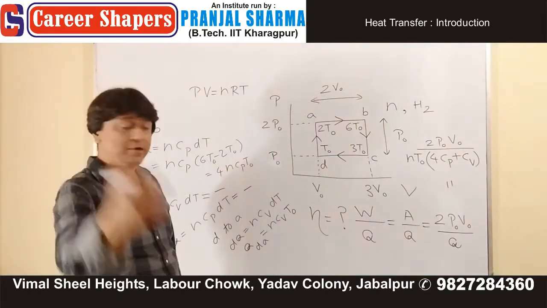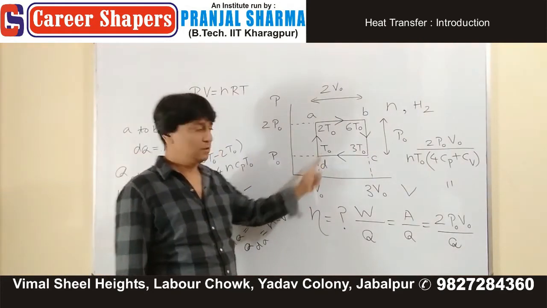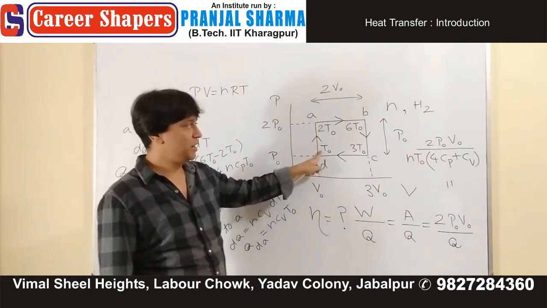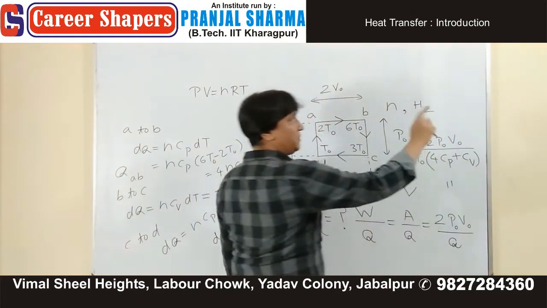Now wherever you go, your P naught V naught will be what? nR T naught. At D, pressure is what? P naught, volume is what? V naught, temperature is what? T naught, and therefore this 2 P naught V naught will be what?